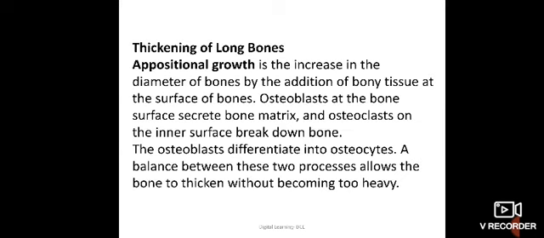And how the long bone becomes thick and strong. Oppositional growth is the increase in diameter of bones by the addition of bone tissue at the surface of bones. Osteoblasts at the bone surface secrete bone matrix, and osteoclasts in the inner surface break down bone.